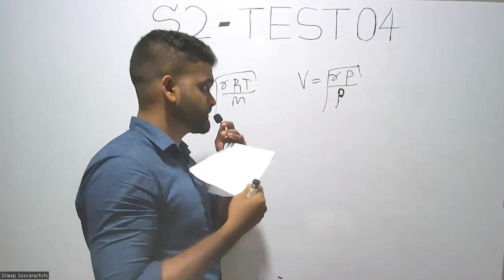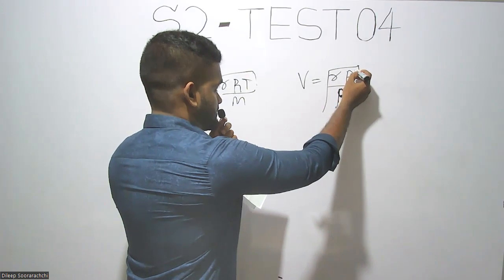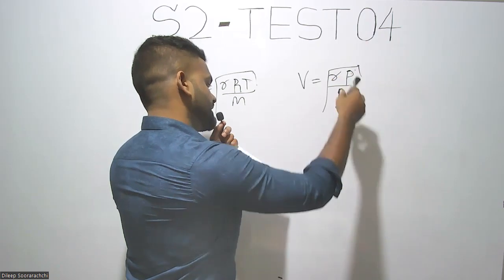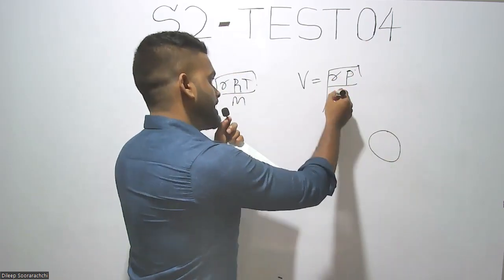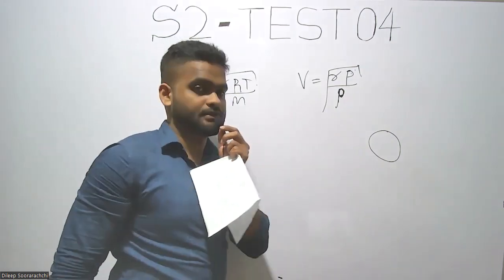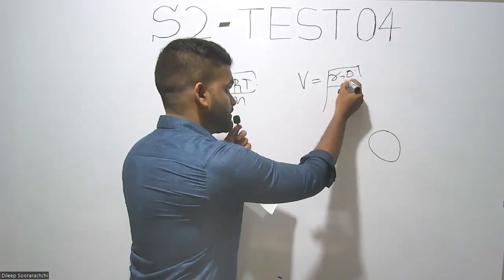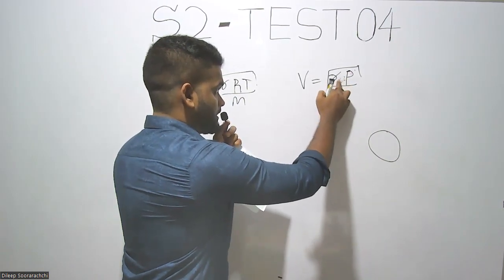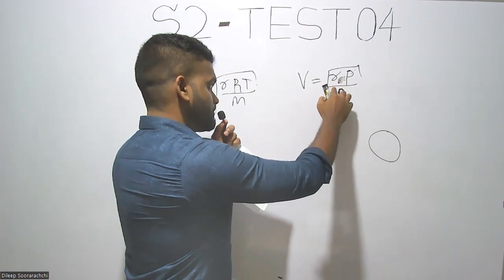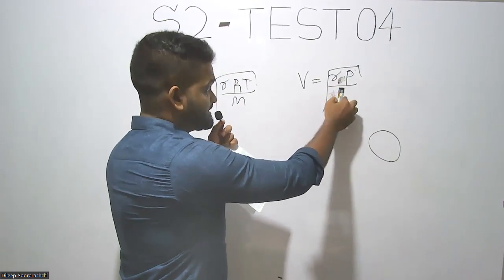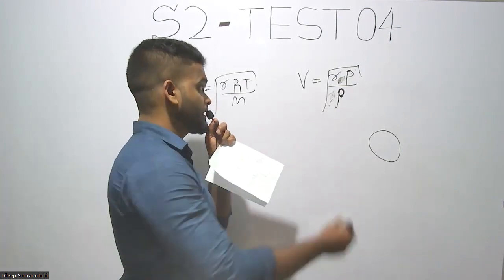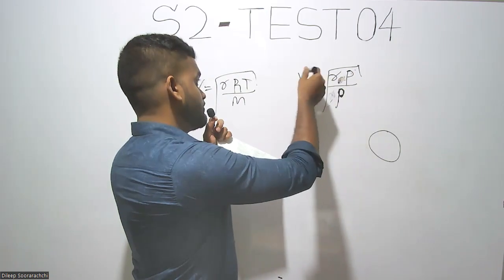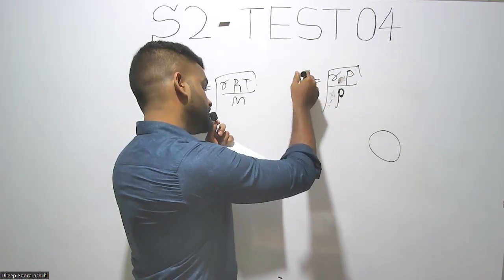But the problem is, whenever the pressure changes, let's say the pressure doubles. If the pressure doubles in a sample of gas, density of that gas also doubles by the same factor. So if this gets doubled, this also gets doubled, then the factor cancels off. So whenever the pressure changes, density changes by the same factor. So by changing pressure, we cannot change velocity of sound.